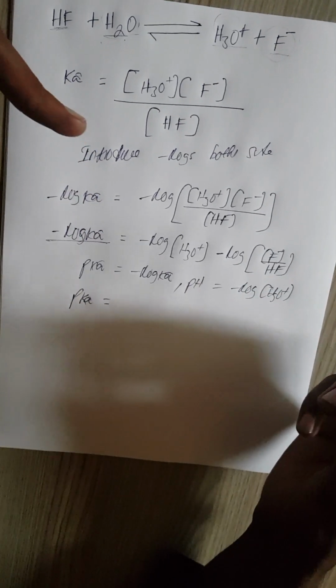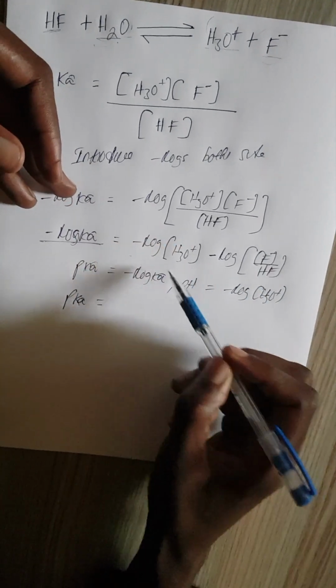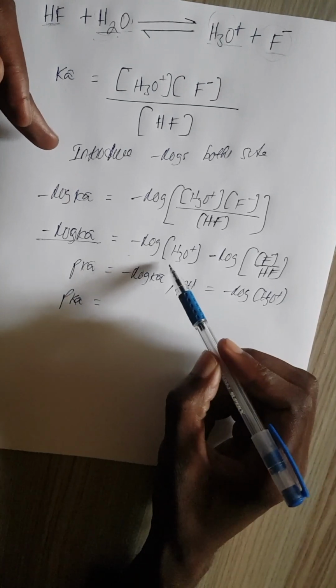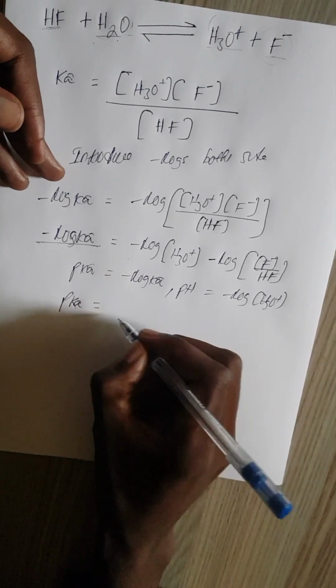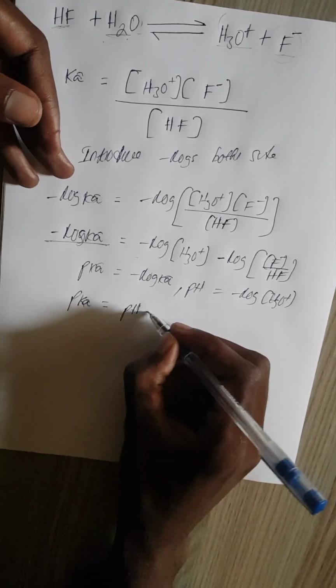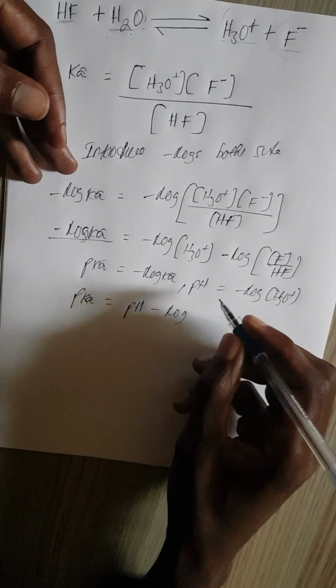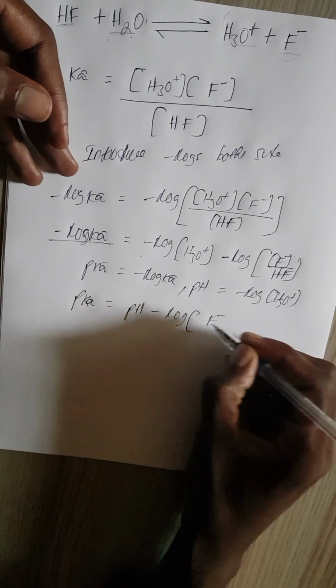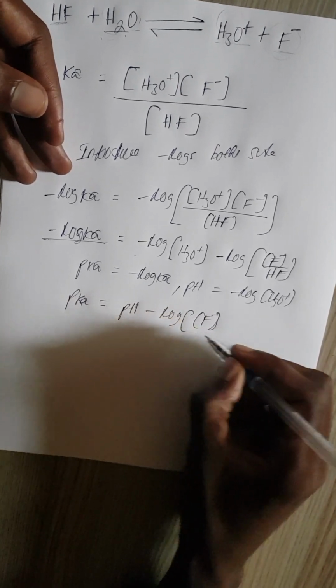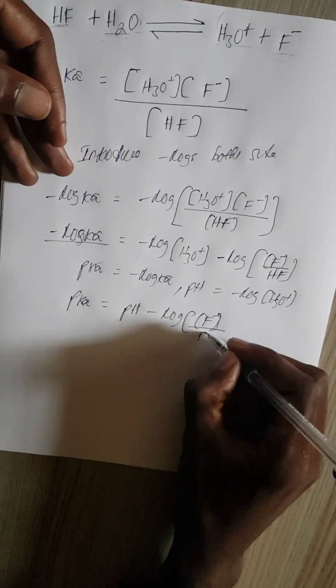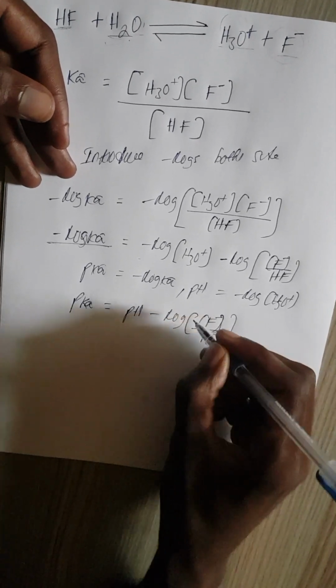So wherever there is negative log of hydronium, we put pH. So we're going to have pH minus log of fluoride ion divided by hydrofluoric acid.